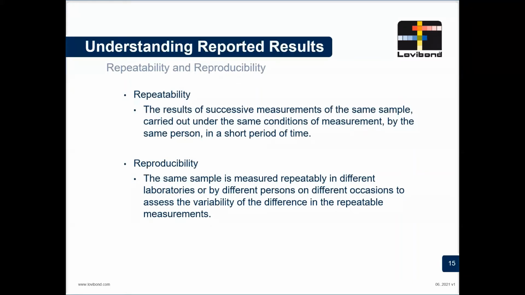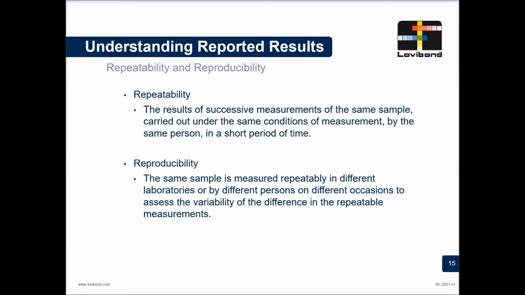I might get, what, 2.4 yellow, but I might then get 2.3, 2.5. So I'm going to end up with some sort of repeatability value that says my yellow value is 2.4, maybe plus or minus 0.1 in the yellow, which is great. So I've got some idea of how variable my measurement is from my particular instrument.